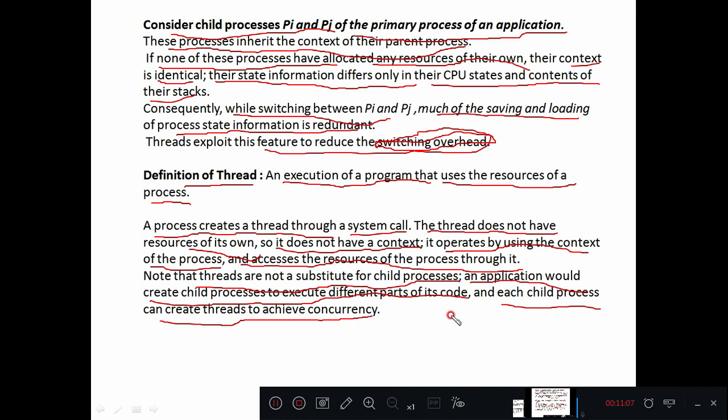It is like a hierarchical structure. First we have a process, then that process will create child processes, and child processes in turn may create the threads. So you cannot call child processes threads, because they are different concepts.